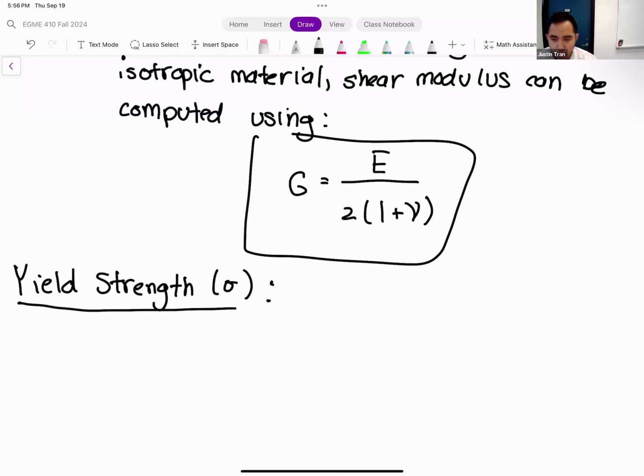I've often seen it given the symbol sigma y. The yield strength describes the highest amount of stress that your material can withstand before it starts to break or fail.